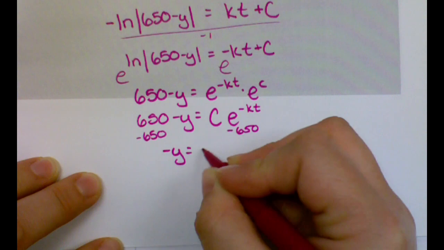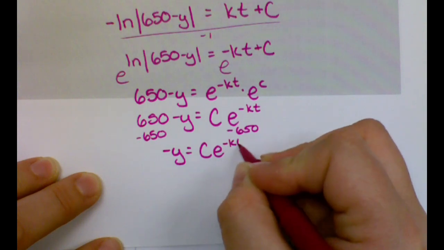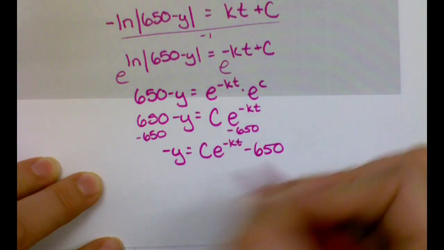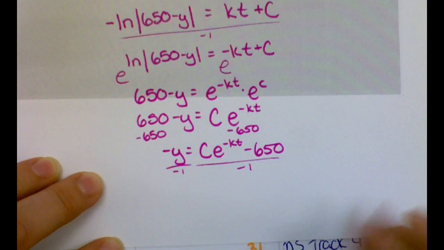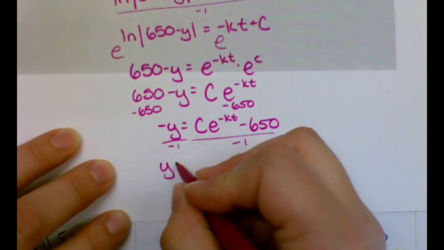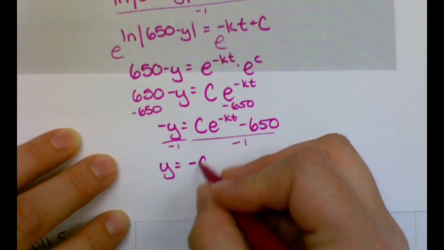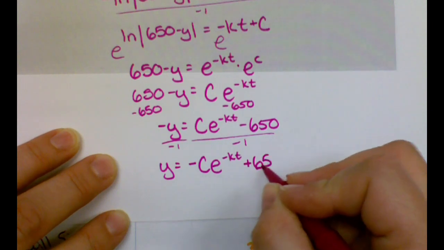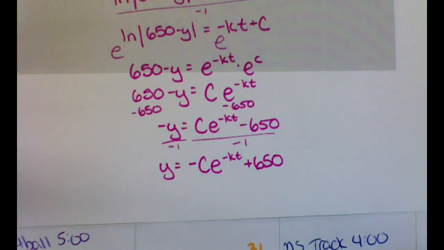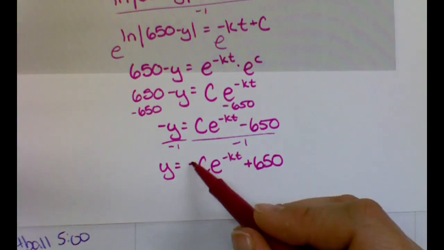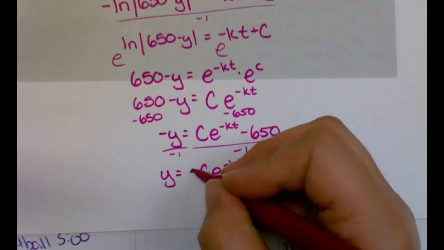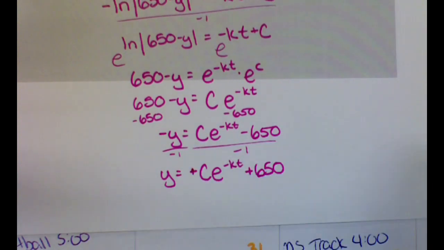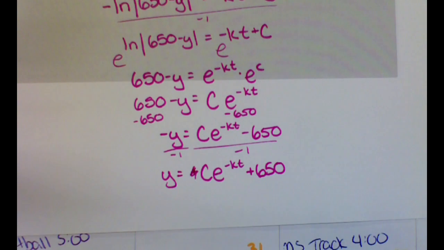Negative y equals c e to the negative kt minus 650. And divide by negative 1 yet again. Y equals negative c e to the negative kt power plus 650. Now there's no need for me to make this c a negative because I don't know what c is. It might just be a negative number. So I always just keep it as c.